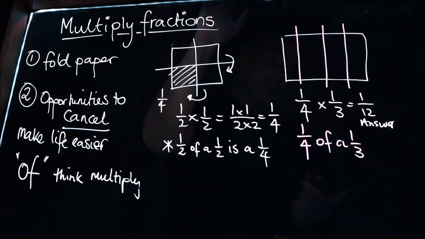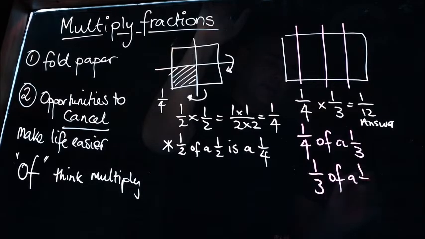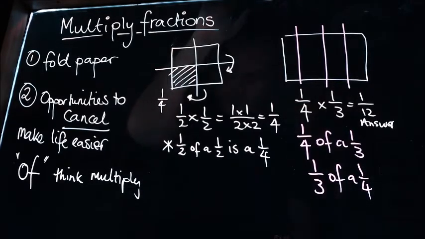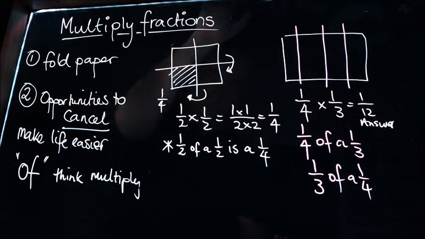Now, it doesn't really matter for multiplication if I change that around. What if I said we want a third of a quarter, because I chopped this up into quarters first. Makes no difference.